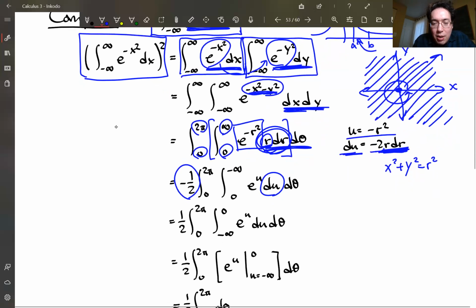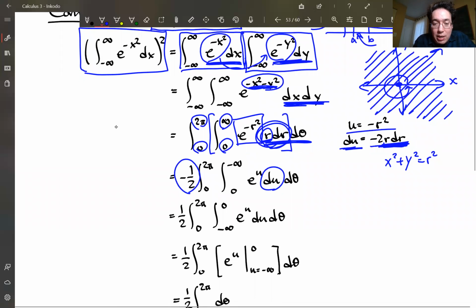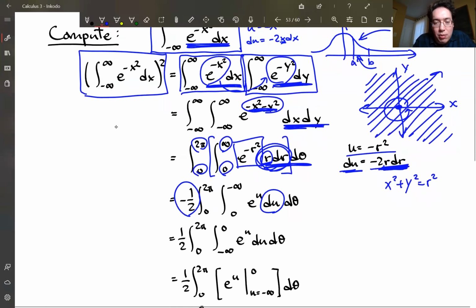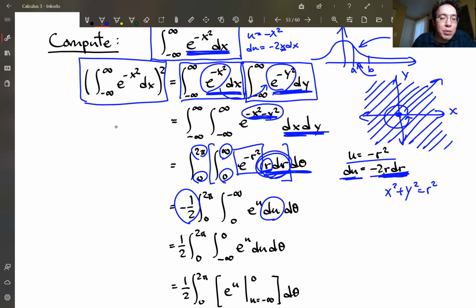Okay. Now let's integrate. We have to also update the limits of integration. r is changing from 0 to infinity. So if r is equal to 0, u is also equal to 0. So 0 stays 0. But if r is blowing up to infinity, negative r squared is going to blow up to negative infinity.